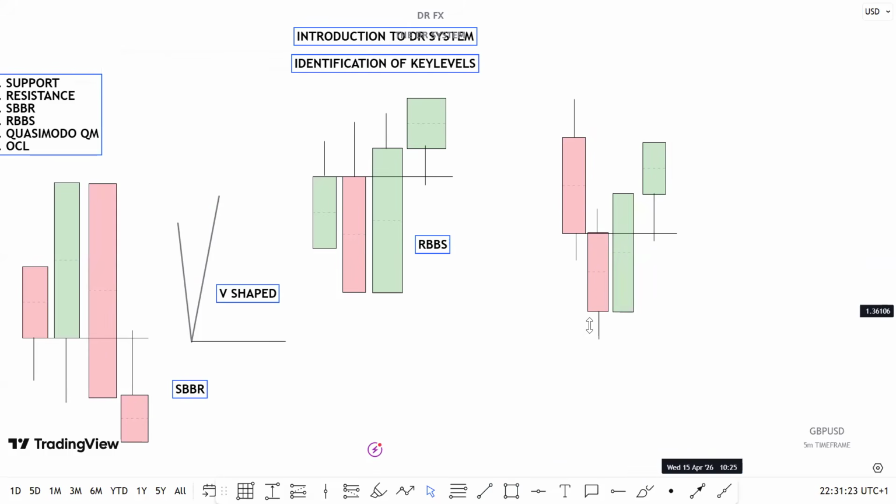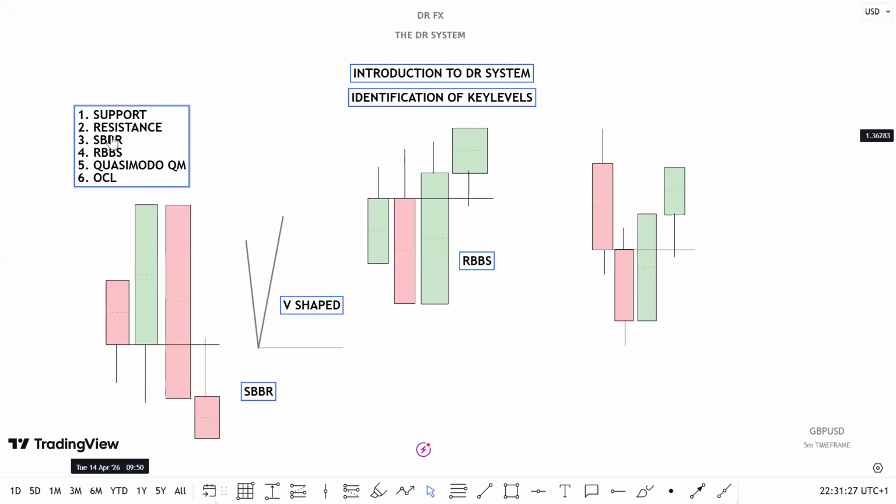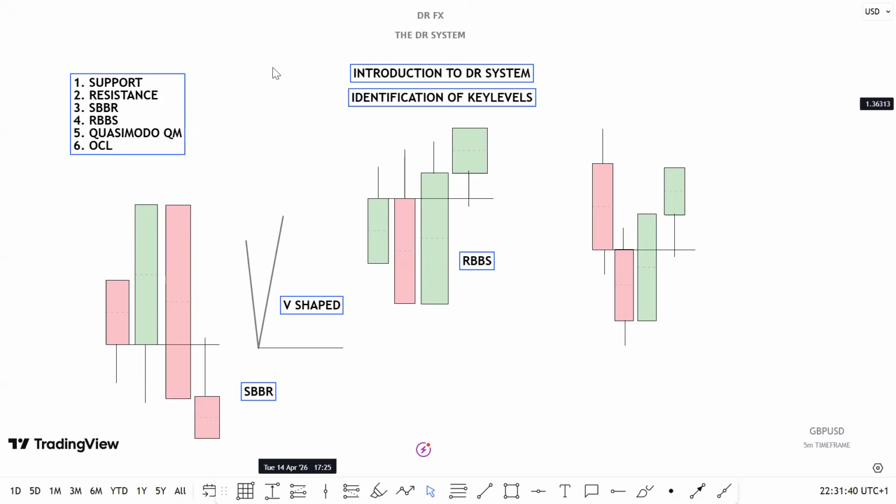The same thing happens to SBR, right? Now, that is for support break becomes resistance, and resistance break becomes support. Now, let's talk about Quasimodo. QM is one of the strong key levels we have on the chart, and it is called a left shoulder because of how it looks on the line chart.